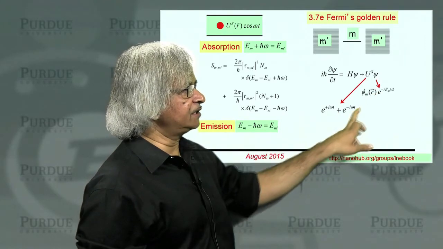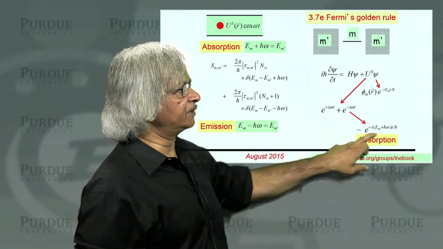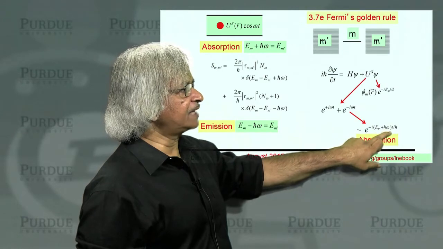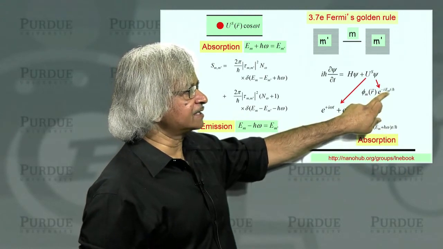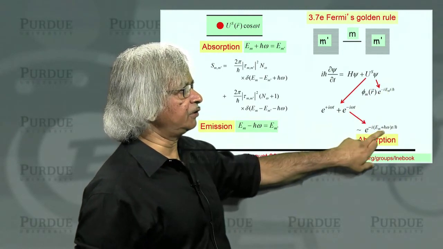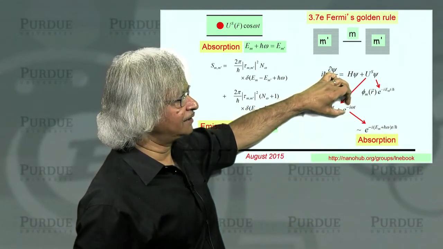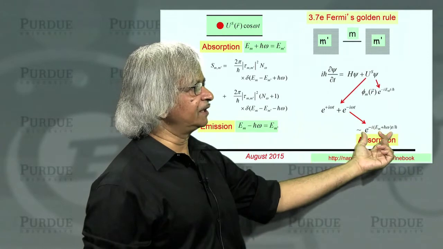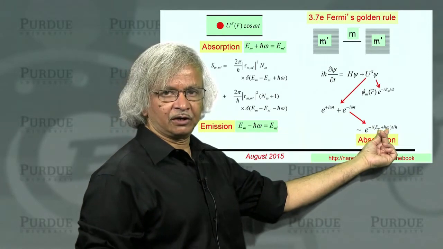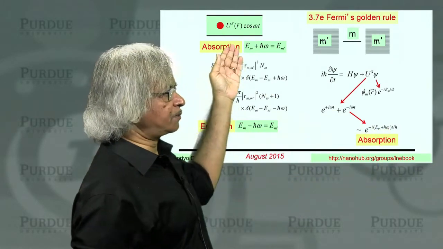So when you multiply these two, you get a time term that looks like Em plus h bar omega. You see there's a minus i Em and minus omega, and when you add it up, it looks like this. So the result of multiplying with this term is to give you something whose energy is Em plus h bar omega, and that's like the absorption term.